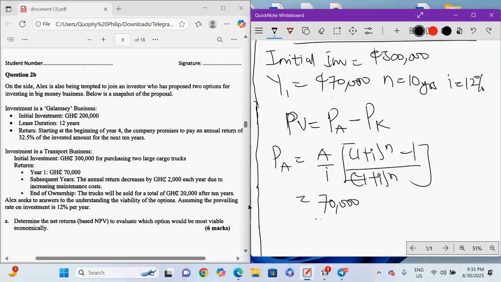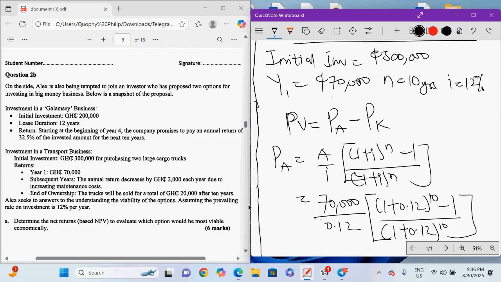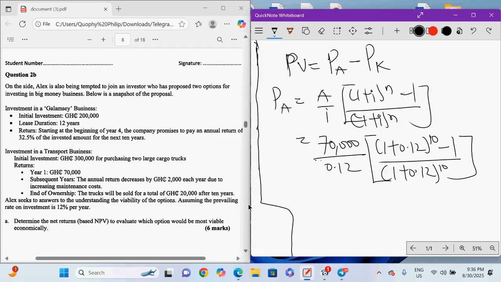And then the interest rate is given as 12%, so 0.12. 1 plus 0.12. What is our n? n is 10 years. So minus 1 all over 1 plus 0.12 to the 10. So what do we have? We have 70,000.